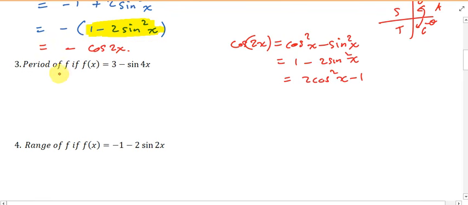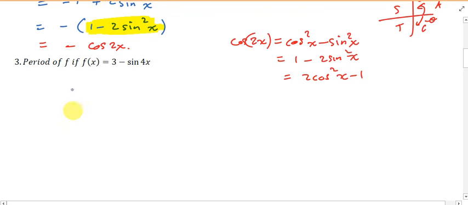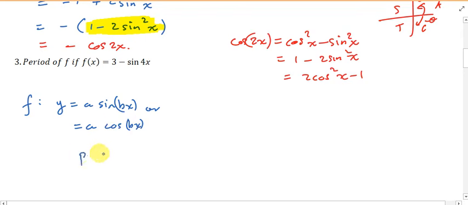Question 3, we want to find the period of f if f of x is equal to 3 minus sine 4x. Now just to do some rules quickly, remember the general period: if the function is y is equal to a sine bx, or a cos bx, whether we have sine or cos, the period is always equal to 360 degrees divided by b, right?